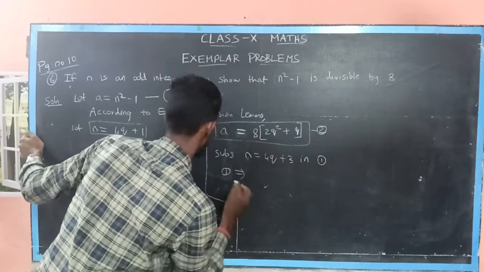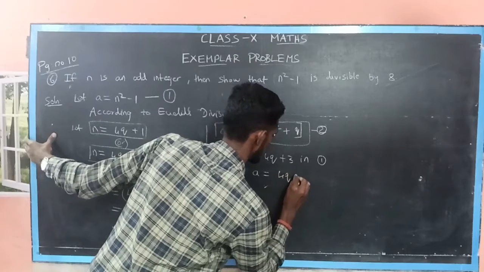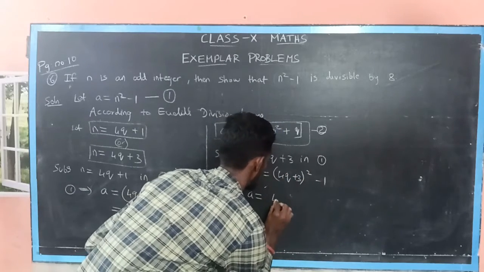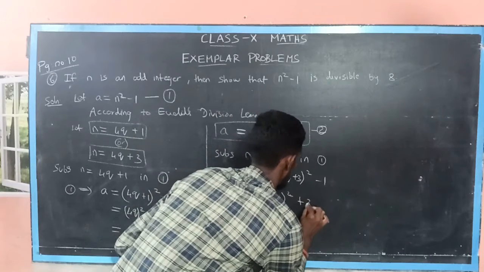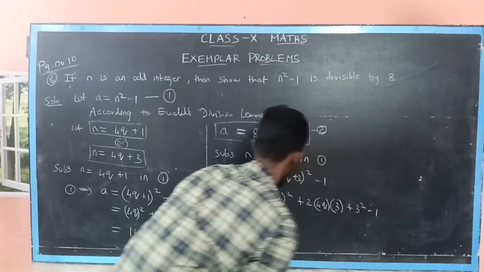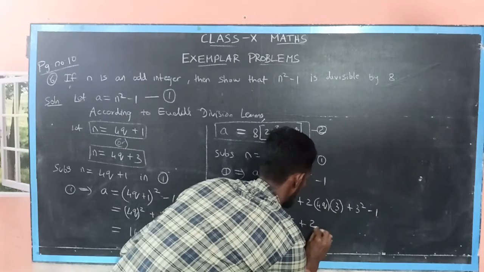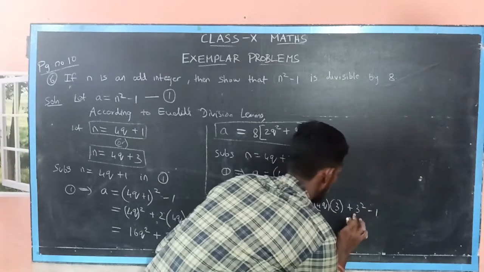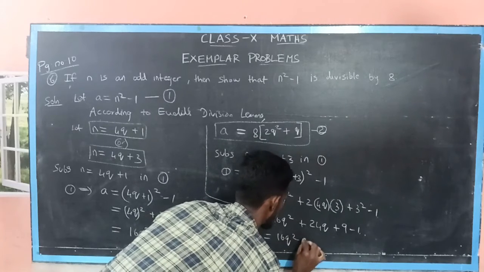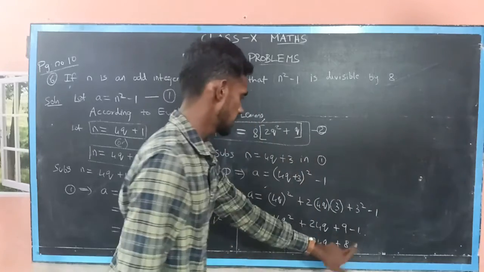So equation 1 becomes a is equal to n, where the value is 4q plus 3. So (4q plus 3) the whole square minus 1. A is equal to (4q) the whole square plus 2 into 4q into 3 plus 3 square minus 1, which is equal to 16q square plus 24q (2 threes are 6, 6 fours are 24) plus 9 minus 1, which is equal to 16q square plus 24q plus 8. 9 minus 1 is 8.